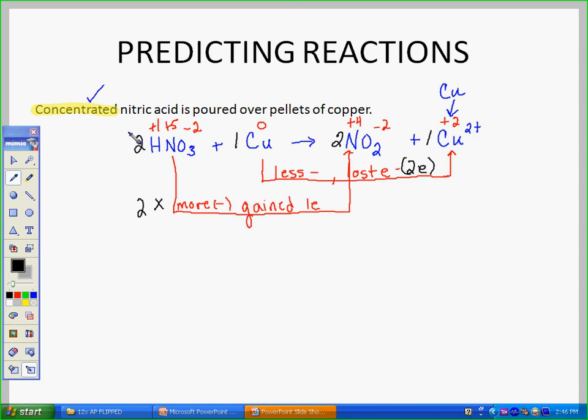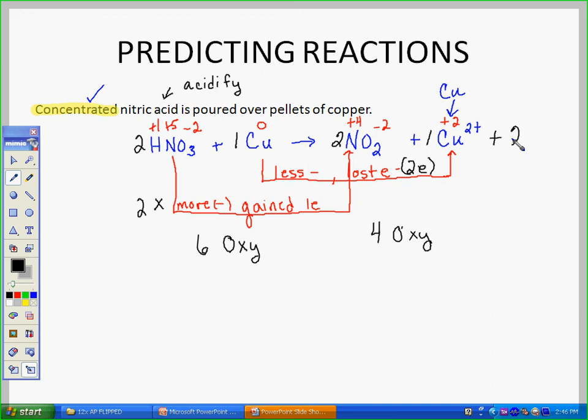Now, it did say that we have an acidic solution, so it would be common to actually acidify that. It doesn't say specifically, but the nitric acid tells us it must be an acidified solution. And so we need to balance our oxygens with water. I have 6 oxygens on my reactant side, and I have 4 oxygens on my product side, and so I'm deficient 2 oxygens.